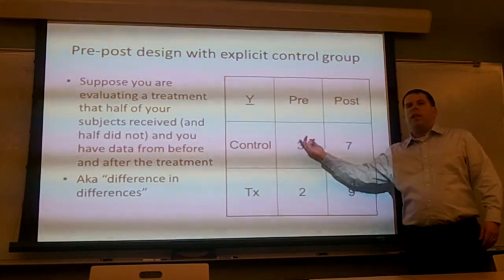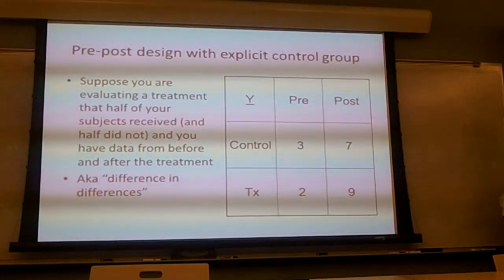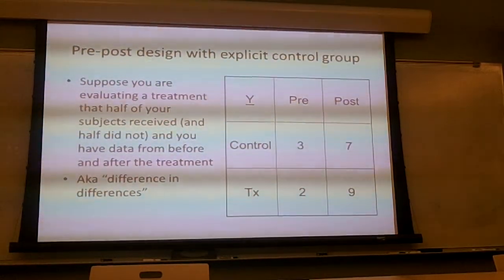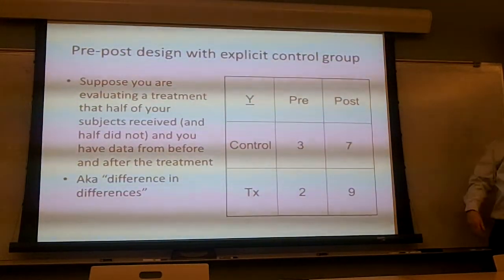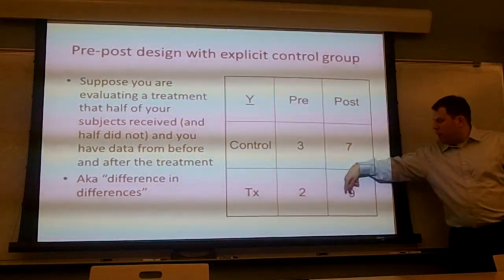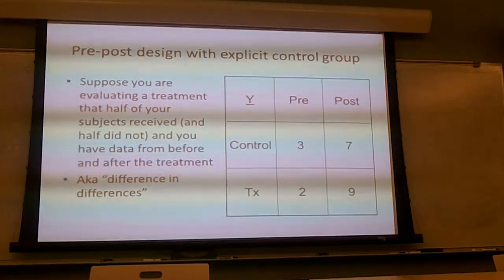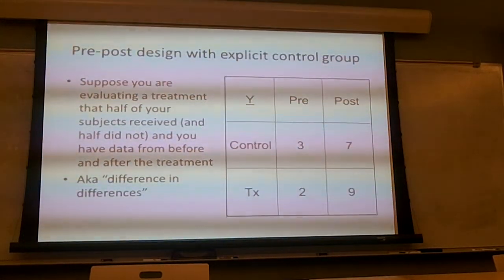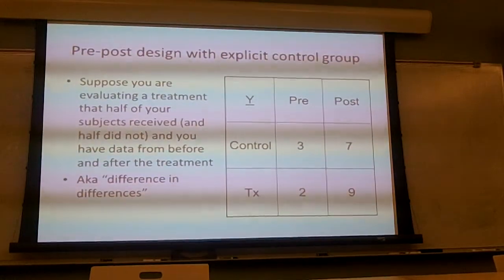Those people in the control had a simultaneous change from 3 to 7, of +4. So 7 minus 4, 3. The average treatment effect, as estimated from this difference in differences setup, 7 minus 4 is 3. You get that? The rest of it is going to be the same thing in various forms, pictures, hieroglyphics perhaps.